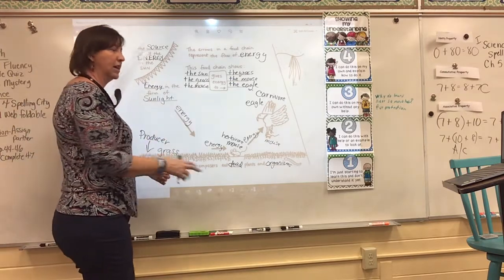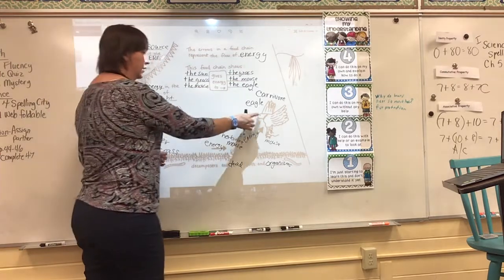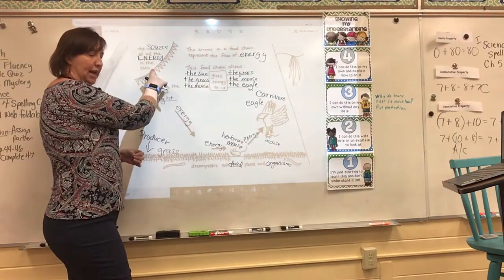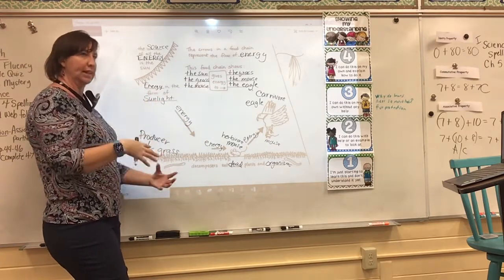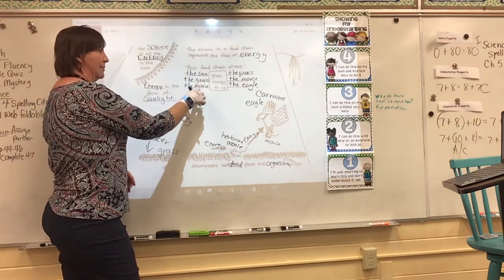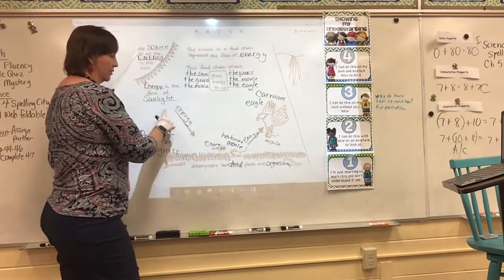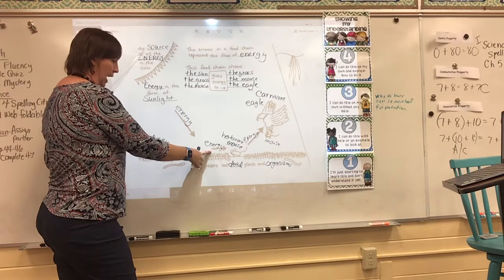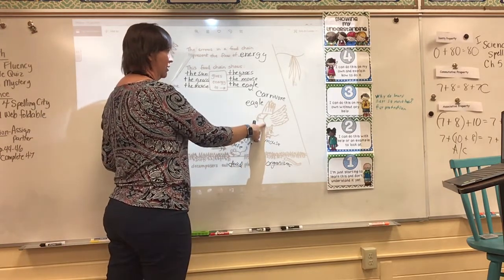They're the only thing on this whole thing that makes its own food. But the eagle and the mouse still get their energy from the sun because they're eating the food that was produced with sunlight. So the arrows in the food chain represent the flow of energy. It goes to the grass, which then goes to the mouse, which then goes to the eagle.